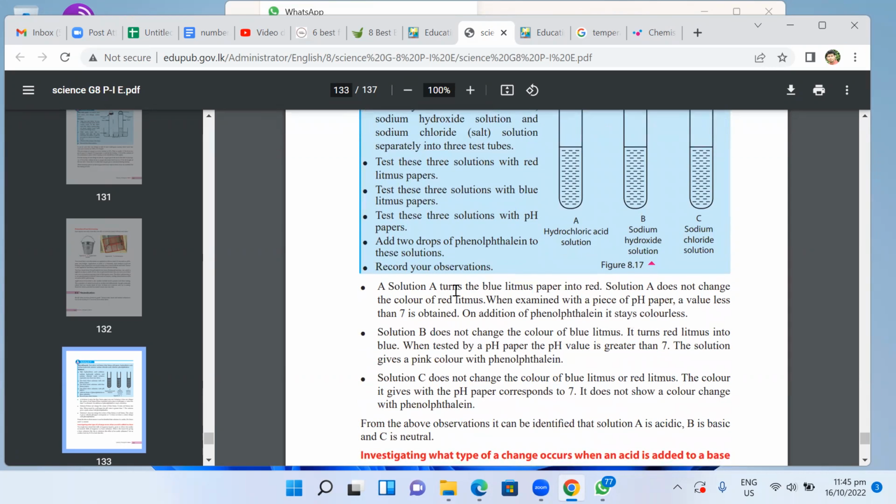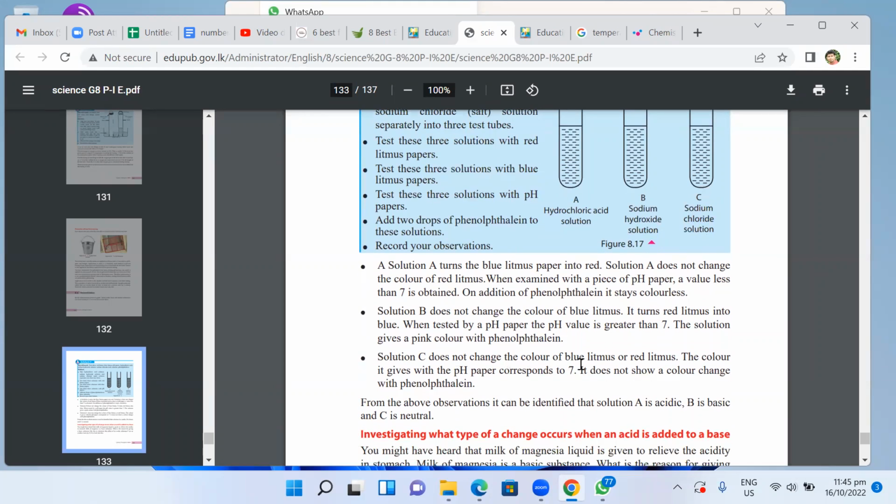I see that blue litmus turns red in solution A. Red litmus turns blue in solution B. Blue litmus does not change color. C, no color change. No color change for phenolphthalein, and pH will be 7.